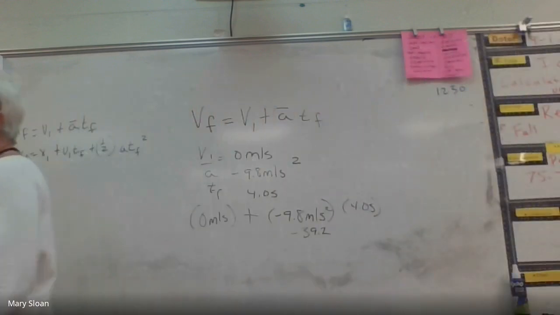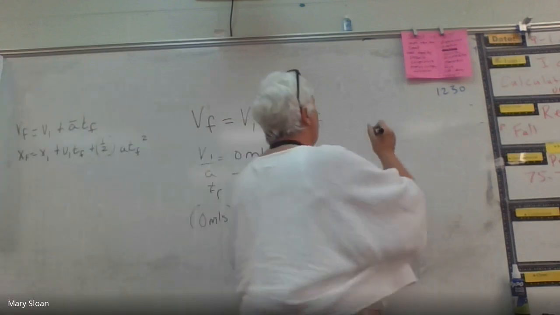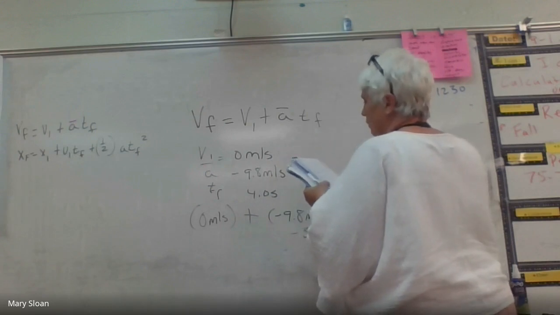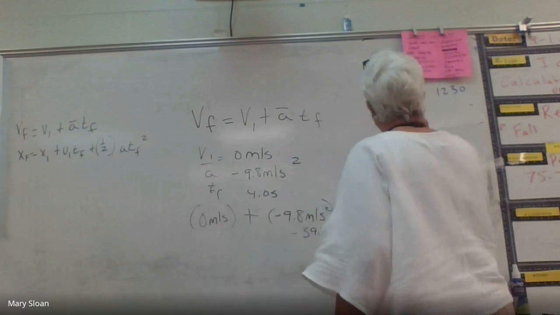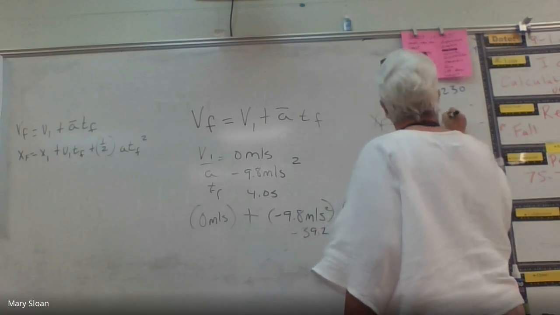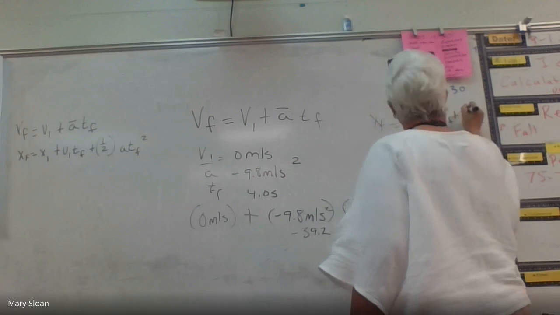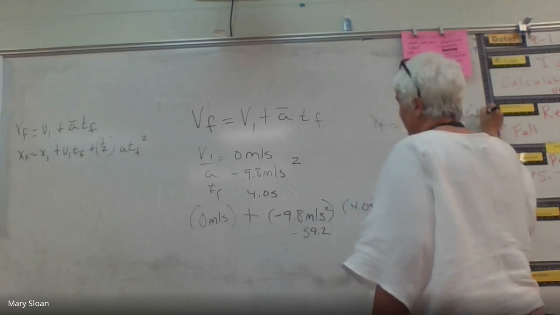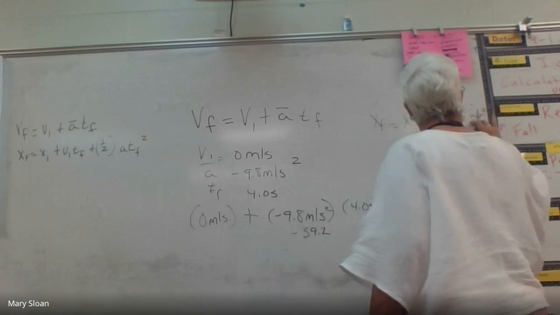Use the final position formula, which is behind you. All right. So position final equals X initial plus velocity initial times time final plus 1/2 of acceleration times time final squared.